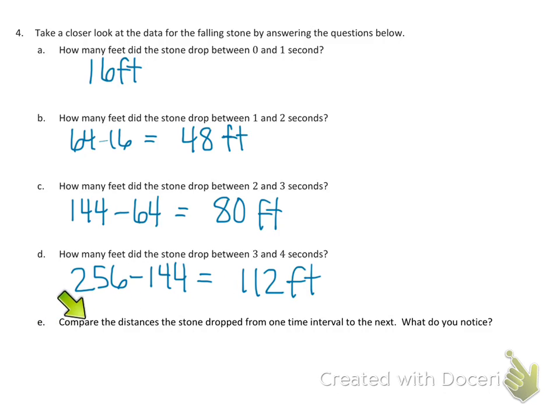So E says, compare the differences the stone dropped from one time interval to the next. What do you notice? Okay, so there's a couple things you could have noticed. The first one, probably the simplest, is that the numbers are getting bigger.